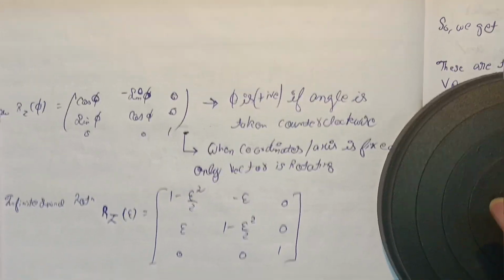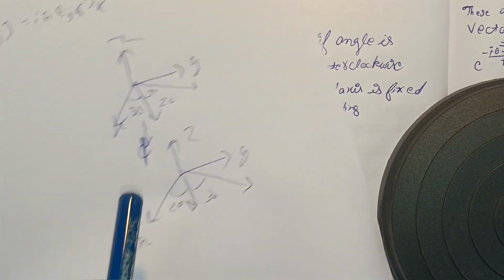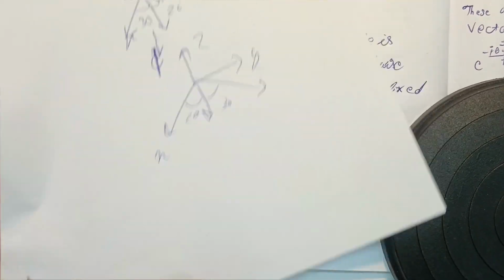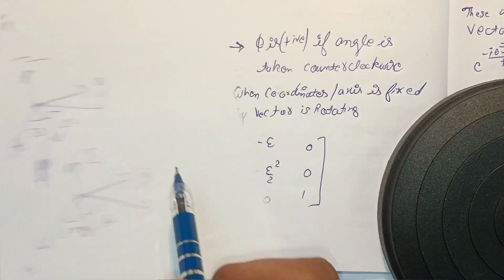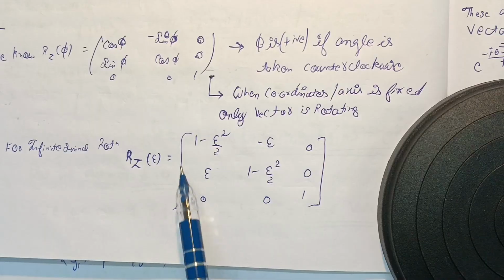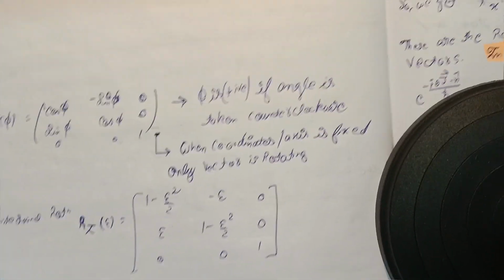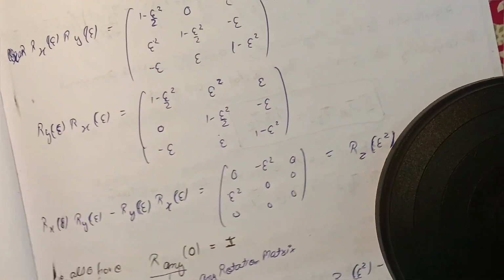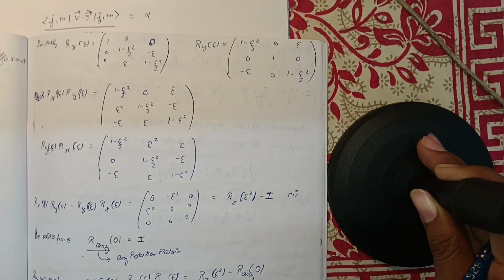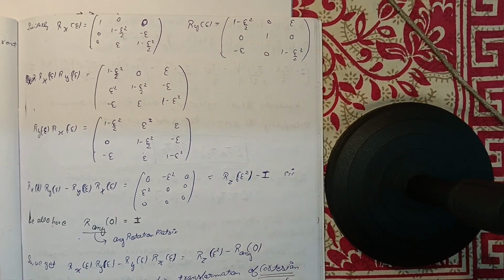Okay, so this is the rotation matrix, and suppose I have done a very small rotation, say epsilon of 0.005 degrees. Then our expansion of cos phi and sin phi will be something like this. Now I am going to do the same for Rx and Ry.